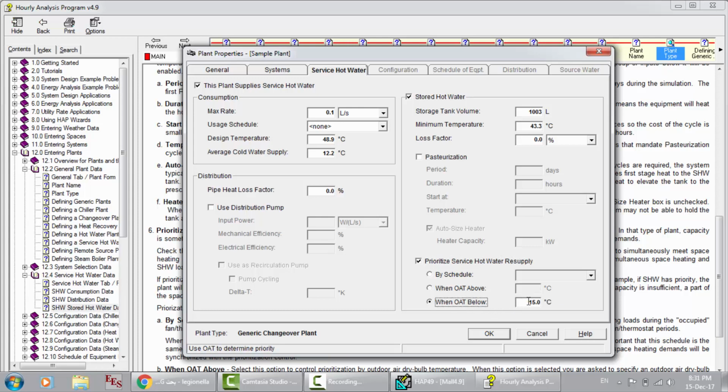So here, if it is 13, when the outdoor air temperature is below 13, the cycle will be used for the heating process, and if it is above 13, it will be used for cooling.